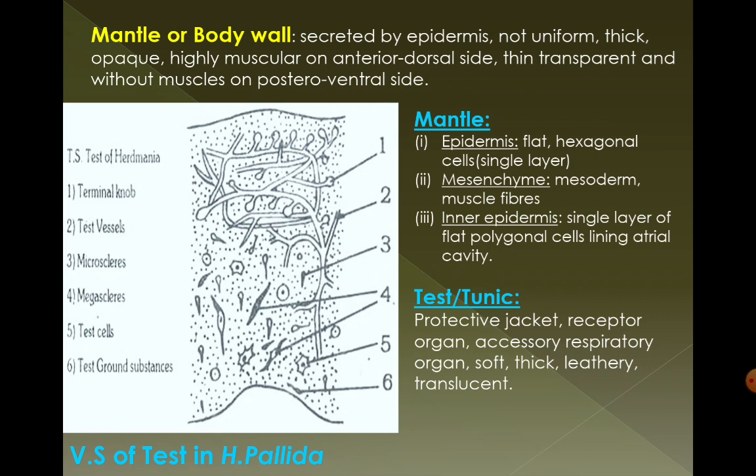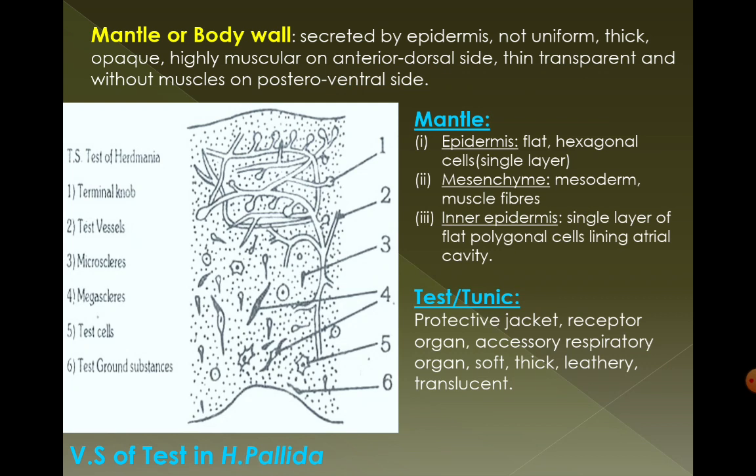Now next to the mantle is the test or the tunic, which acts as a protective jacket, which in turn protects this Herdmania from predators, and it is this test which gives a particular shape to the body of Herdmania. And this also acts as a receptor organ because it contains some nerve cells in it.